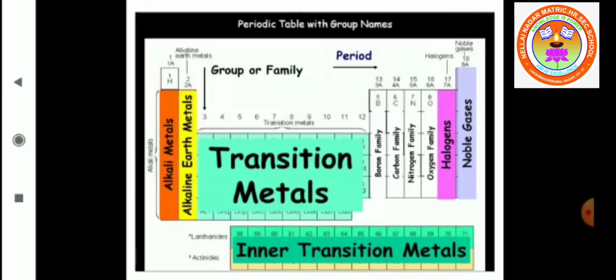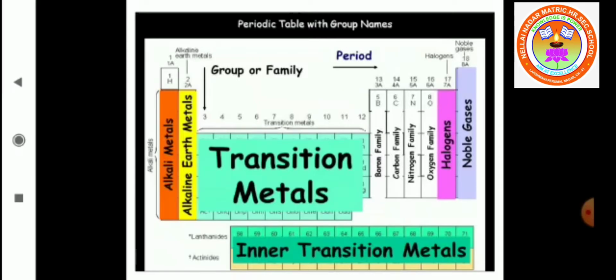Okay, children. So the first group represents alkali metals. The second group represents alkaline earth metals. From the third group to the 12th group, they are called transition metals. And at the bottom of the modern periodic table, we have inner transition elements. These inner transition elements are included in the third group of the modern periodic table.